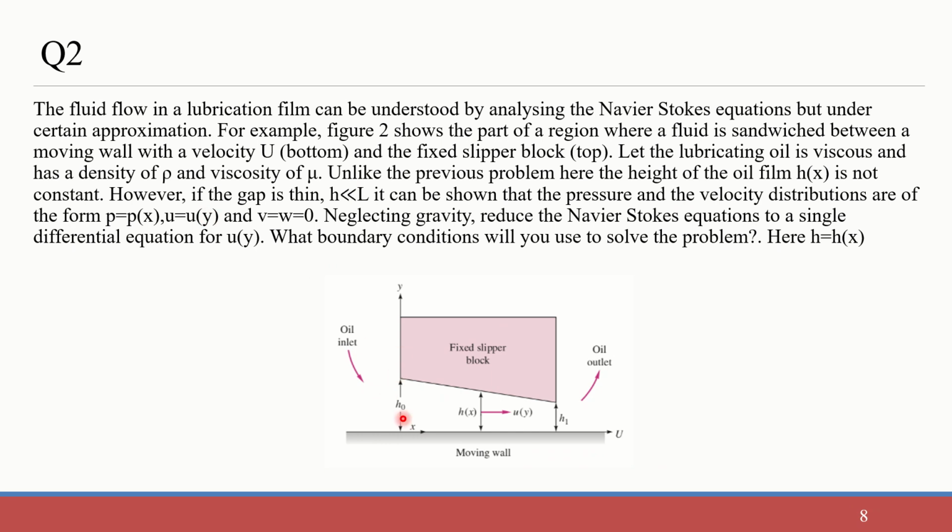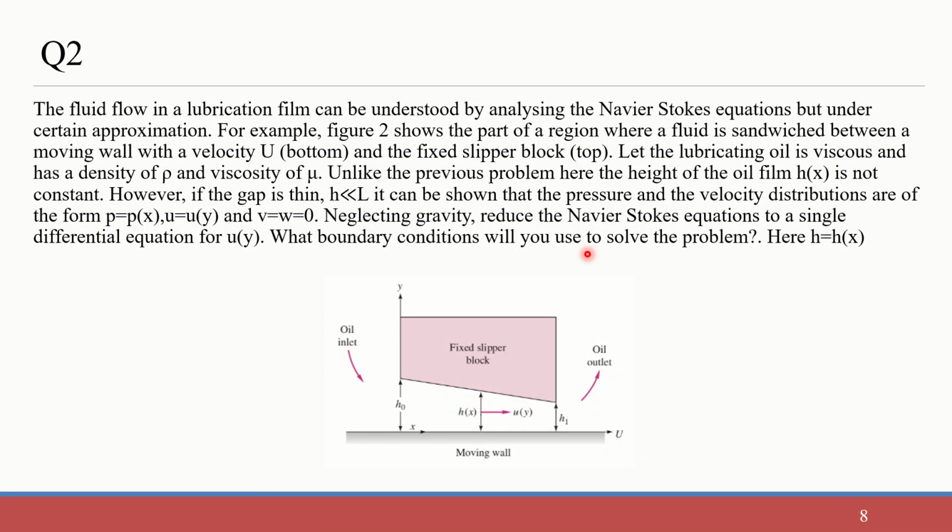That is, velocity varies with respect to height, and pressure varies along this position. The v and w components of velocity are 0. Neglecting gravity, reduce the Navier-Stokes equation to a single differential equation in y. So we are asked to reduce the Navier-Stokes equation and to state what boundary conditions we will use to solve the problem. That is the question.